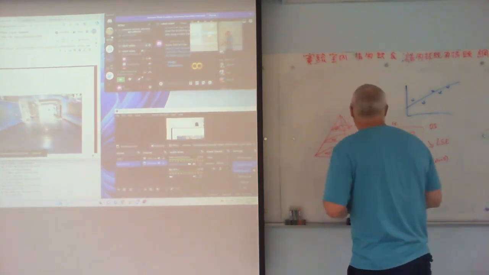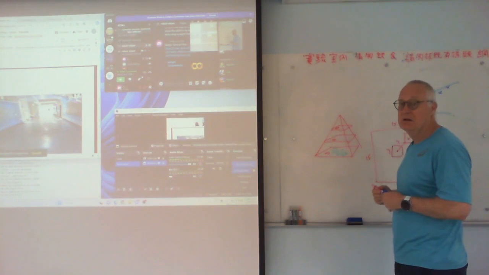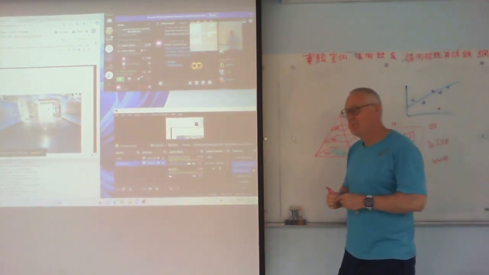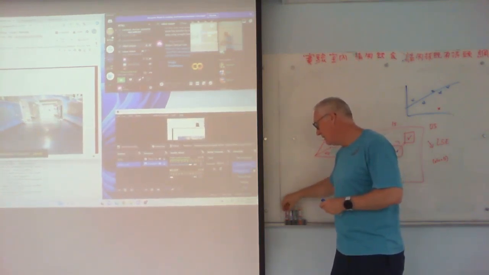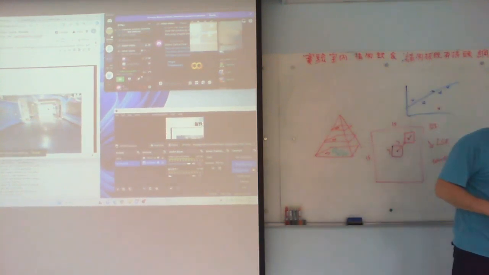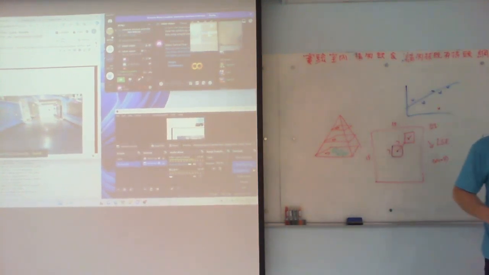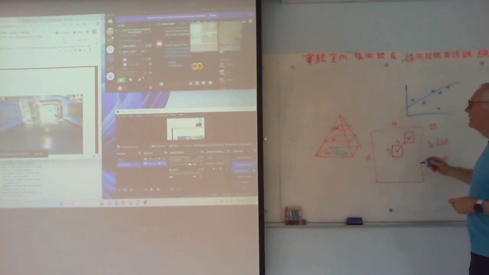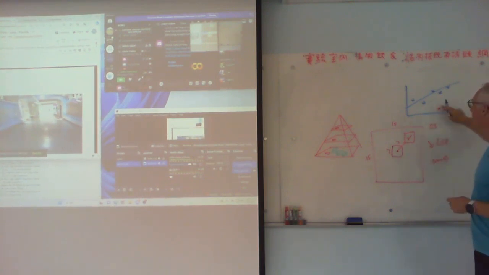But if we lose a point, and then we get a point here all of a sudden, what happens if we use least squared error as our optimization criteria? What will happen to our line? The problem is that this point is an outlier, it's an error.